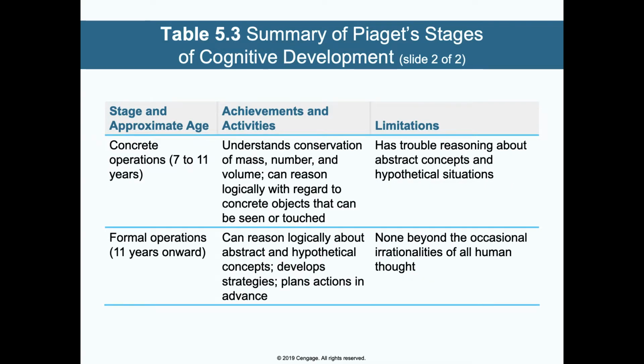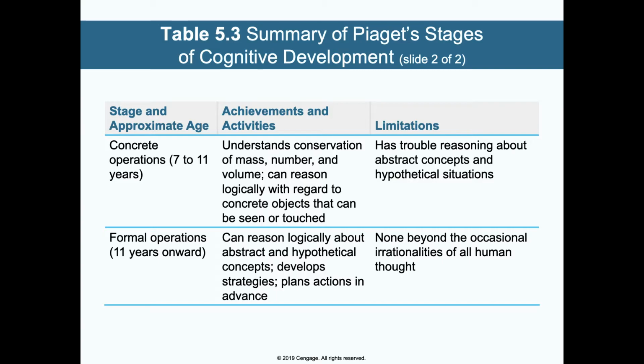The third stage of Piaget is called concrete operations, ages 7 to 11. This is where they can start understanding that the two cups have the same amount of liquid in them. That's conservation of volume. They can tell differences between things. They can start logically reasoning when it comes to a concrete object that they can actually see or touch.